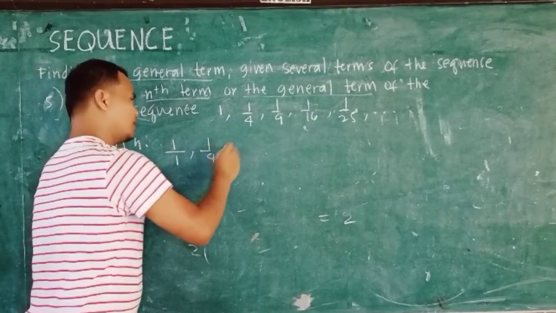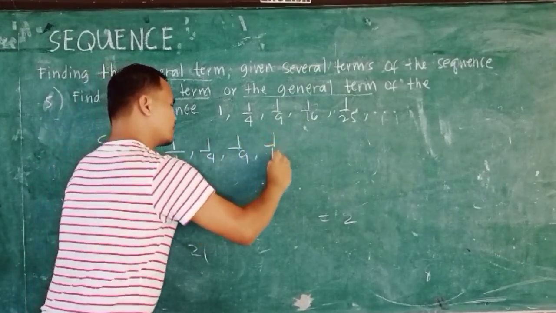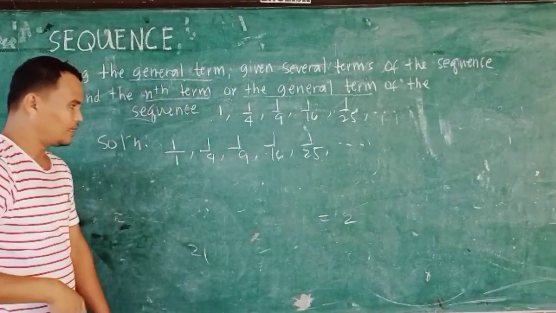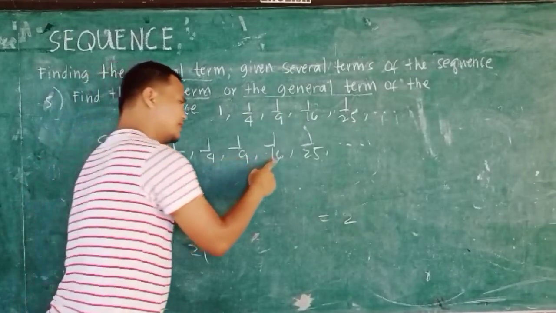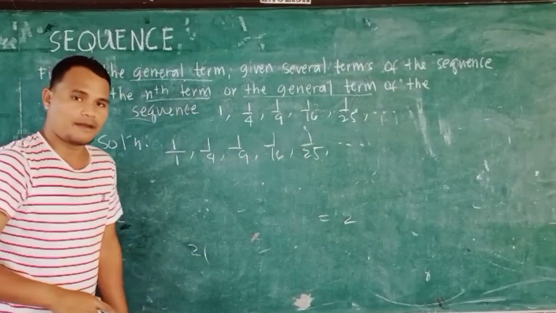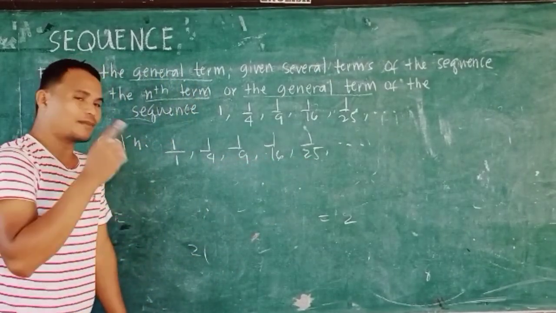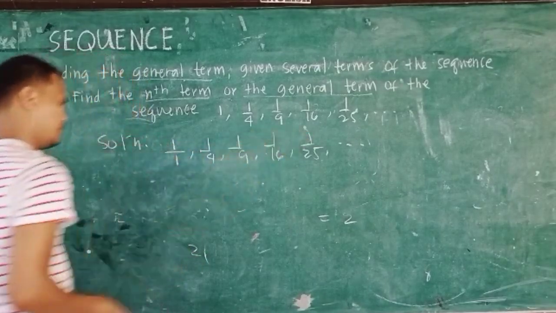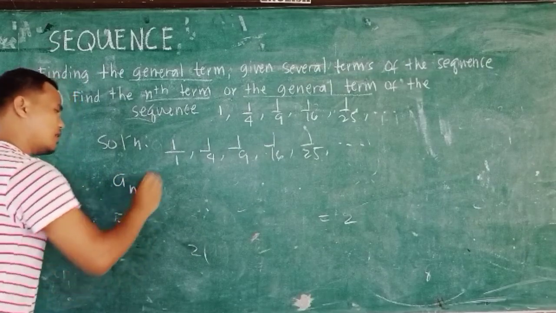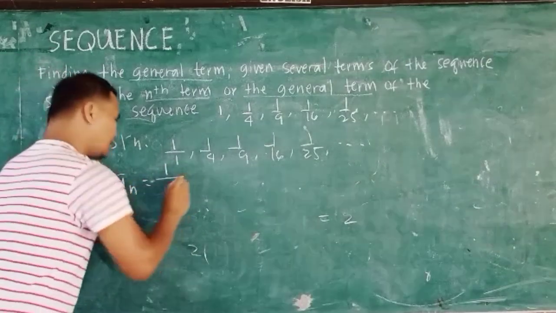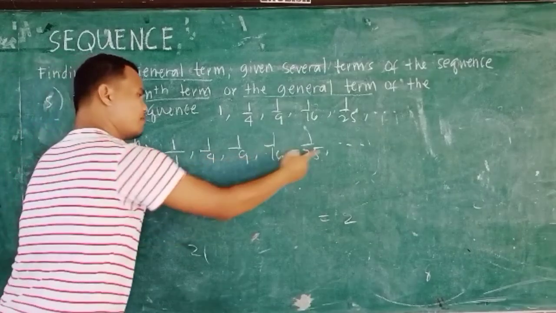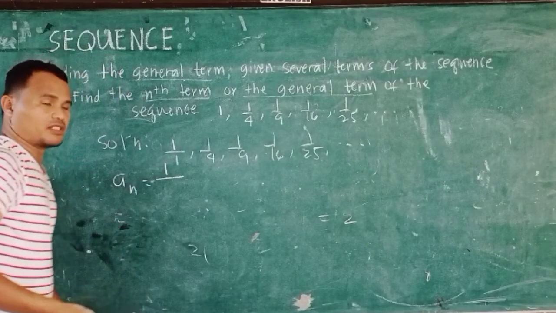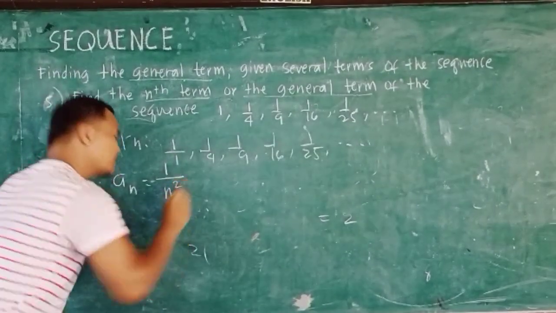And 1/4, then 1/9, then 1/16, then 1/25. So nakita nato ang pattern nga ang denominator is a perfect square numbers. Or ang denominators are perfect square numbers. Constant lang ang 1. So, ma-observe nato nga 1 ang numerator. Ang sa ubos, kay perfect square number man siya. Kung ang number raised by 2 is a perfect square number. So therefore, n squared siya.